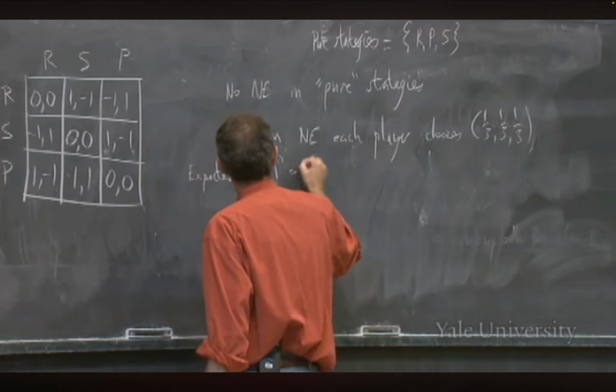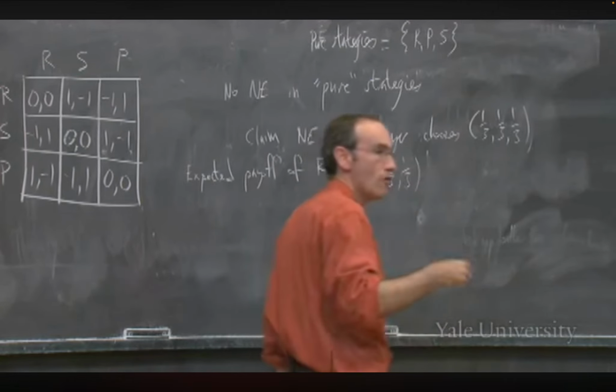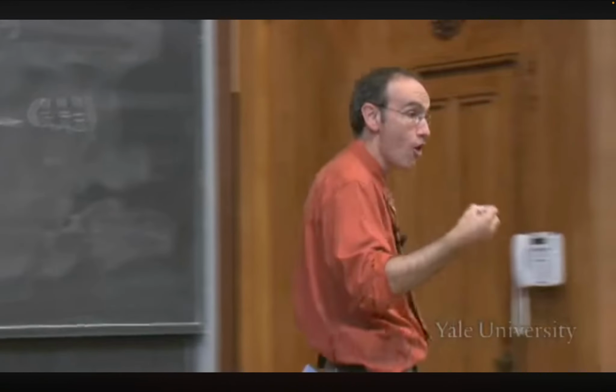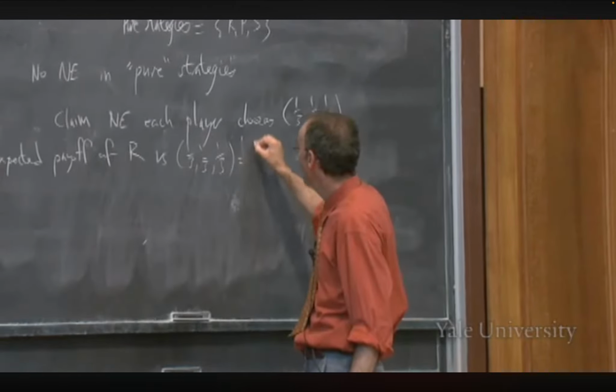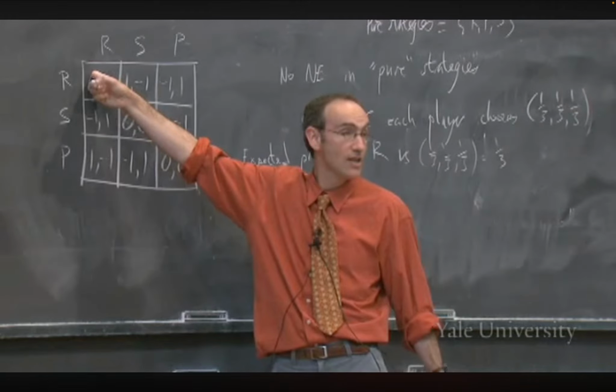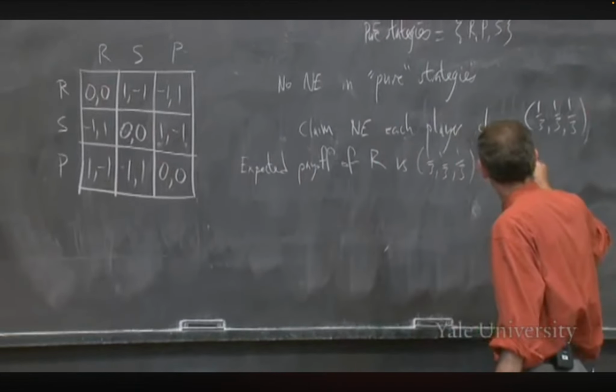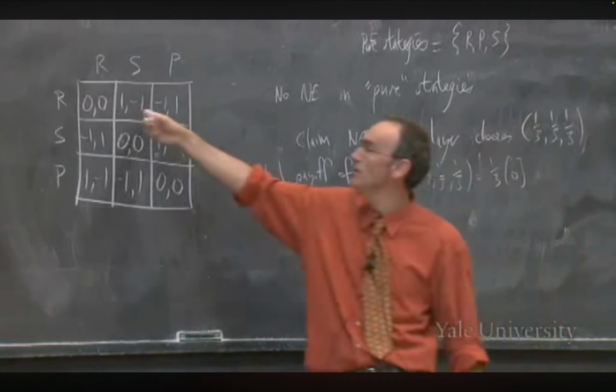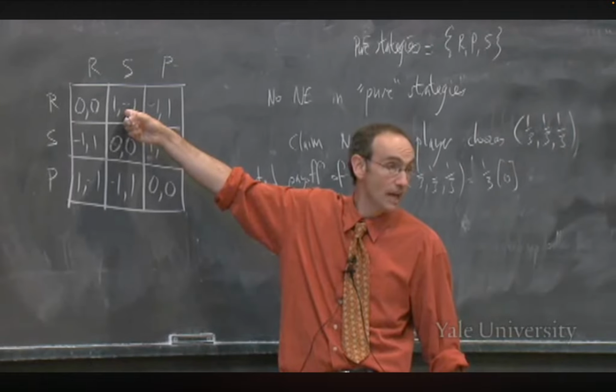The other person is randomizing equally over rock, paper, scissors, and I'm going to choose rock. What would be my expected payoff? Well, with probability a third, I'll meet another rock and get 0. And with probability a third, I'll meet a scissors and get -1.